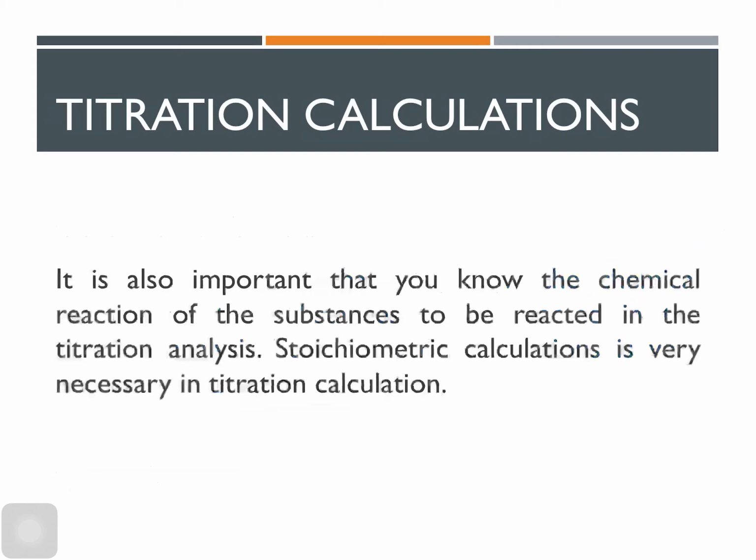It is important for you to know the chemical reaction of your substances, because if you are unable to establish the chemical relationship of your substances, it will be very hard for you to do titration, because titration requires stoichiometry.